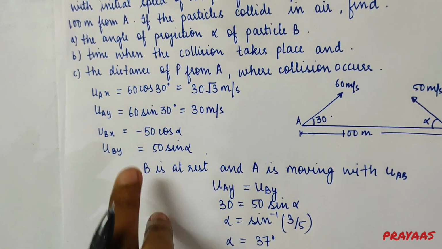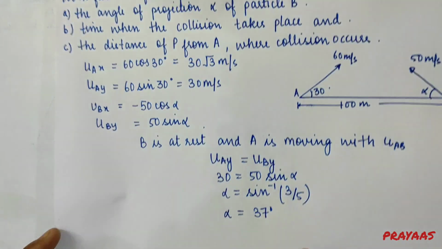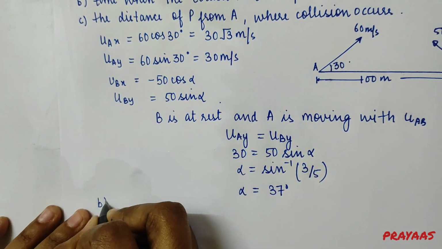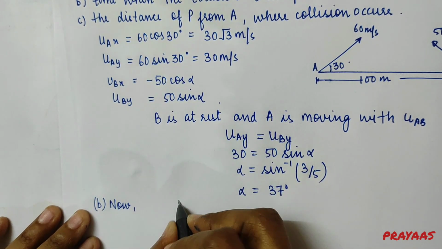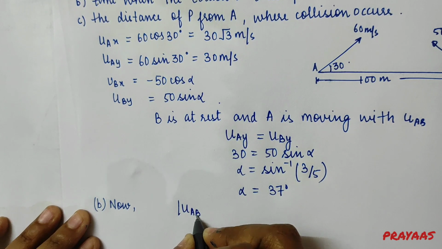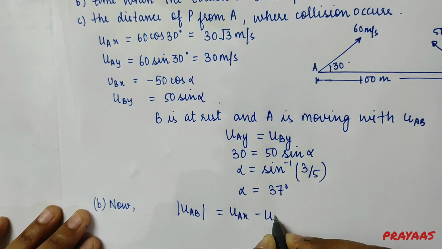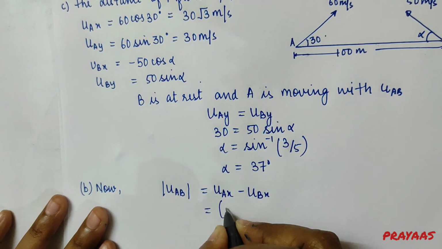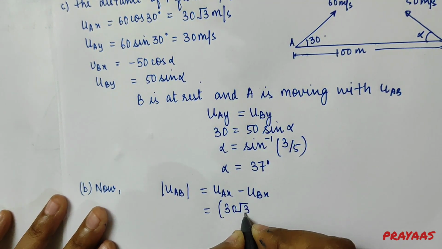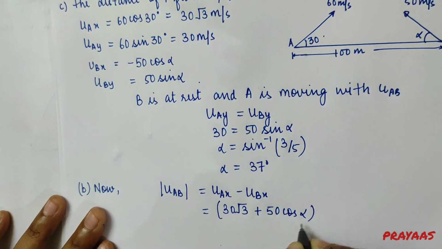Now for finding the B part of the question, that is time when the collision takes place. For finding this, I am going to find the magnitude of the velocity of A and B. UAB, that is UAX minus UBX. UAX is 30 root 3 and this is 50 cos alpha.